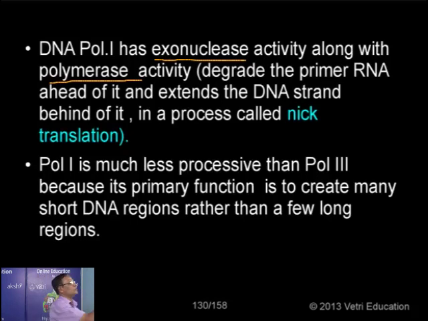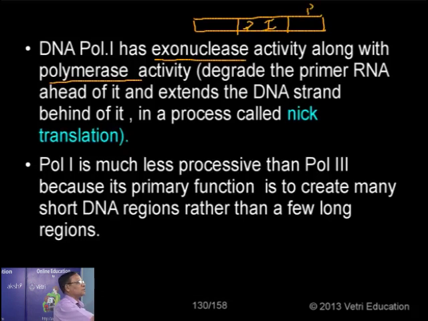Suppose, for example, this is the polymerase enzyme, say polymerase 1. This is the primer, and this is the strand to be elongated. Now this is behind it, the rear end.